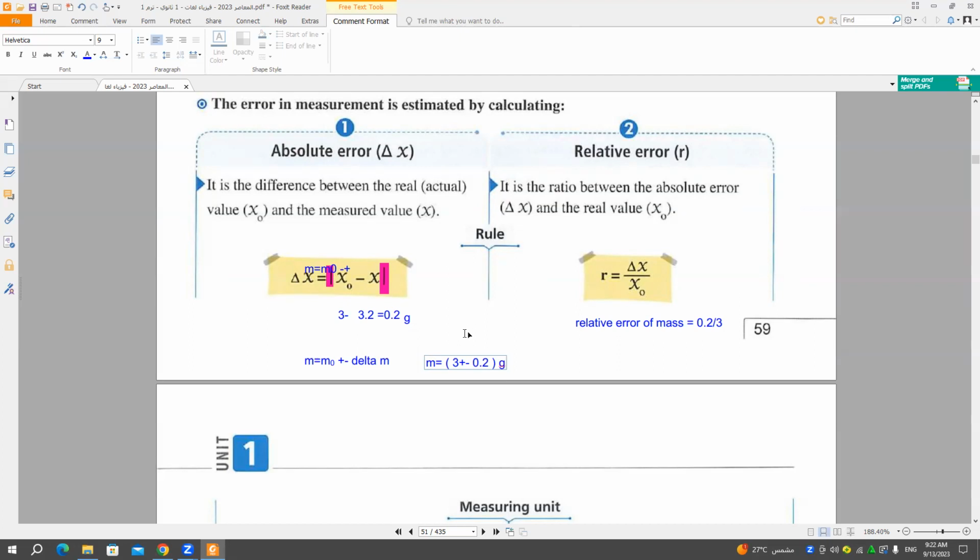So if you measure the mass of the object, it may be 3.1, 3.2, or 2.9 or 2.8. These are the possible results of measuring the mass of the object.